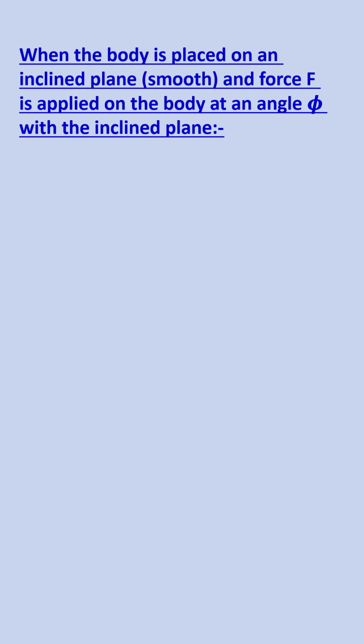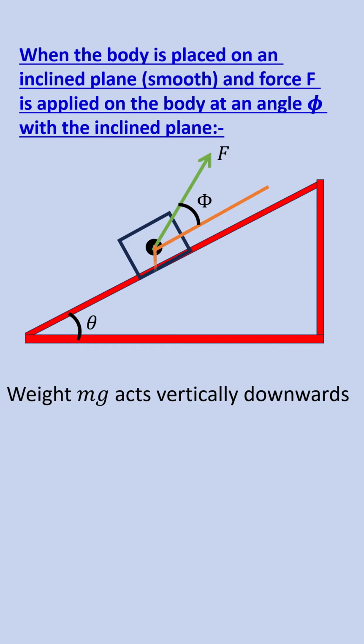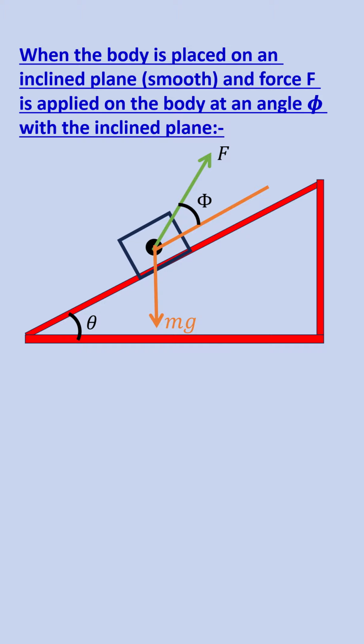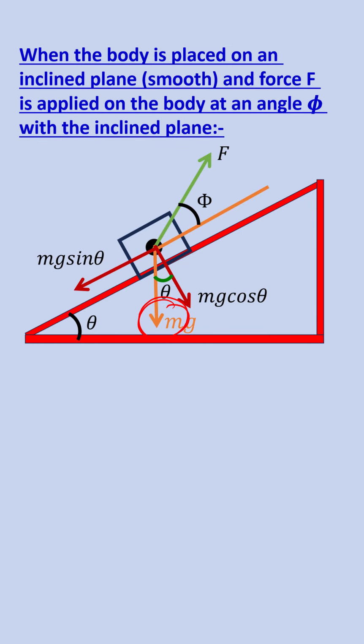Body is placed on an inclined plane and force F is applied on the body at an angle phi with the inclined plane. Here is the body and the force F. This force F is applied at some angle here, according to the condition of the question. As usual, weight mg acts vertically downward. This mg has two rectangular components, mg cos theta and mg sin theta.